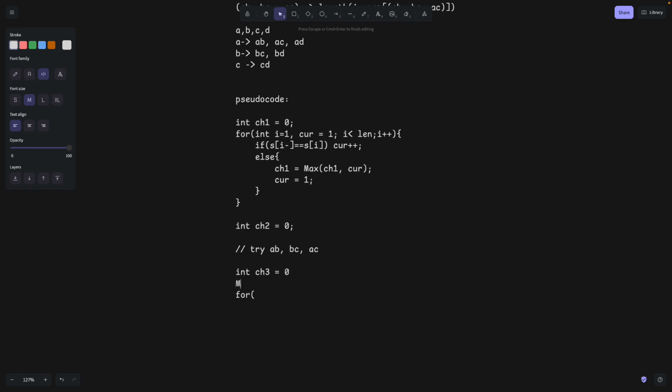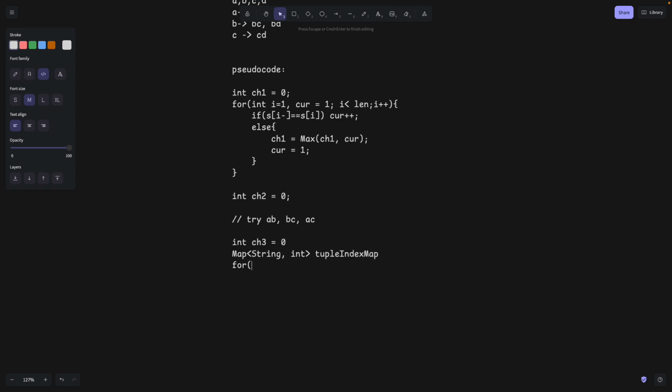a sort of map which stores a string as key and the integer index for that, so sort of like a tuple index map, and we iterate over.